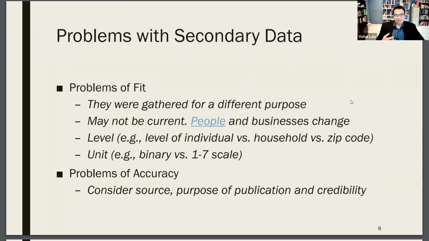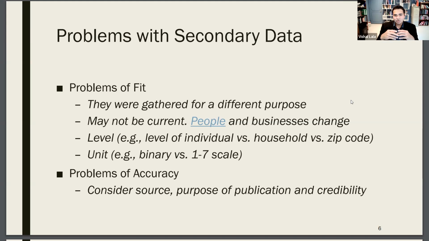There's also the issue of level. Is the data gathered at the individual level, household level, or zip code level? When you're looking at a secondary data source like the US Census, for example, the US government makes available data at the block level. A block is a small part of a zip code. It may include anywhere from about 20 households to 400 households, depending on the density of population of the block.